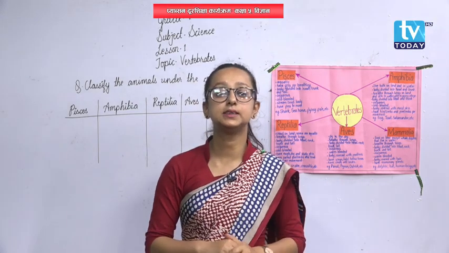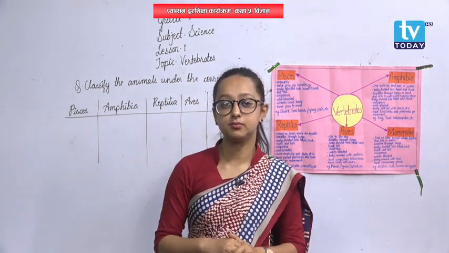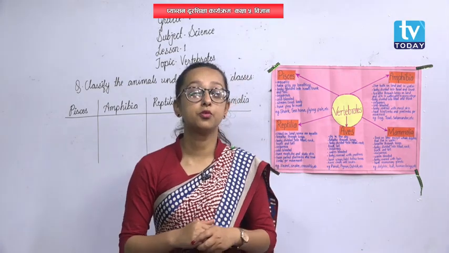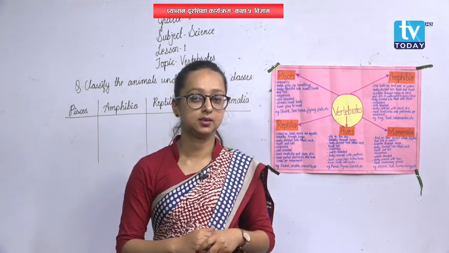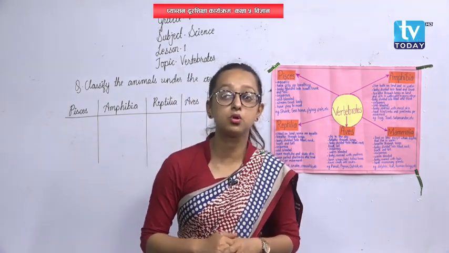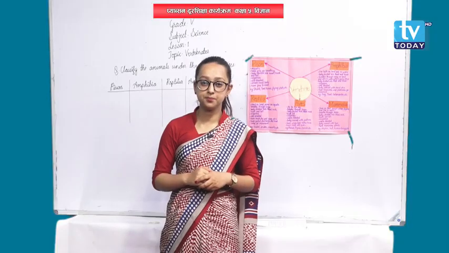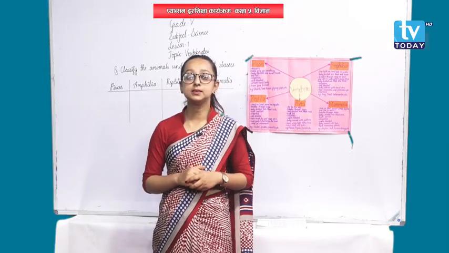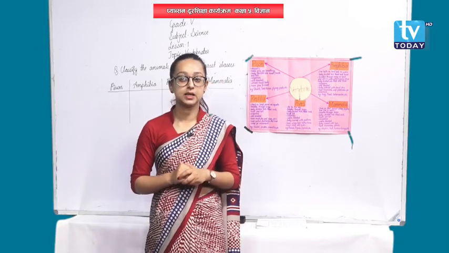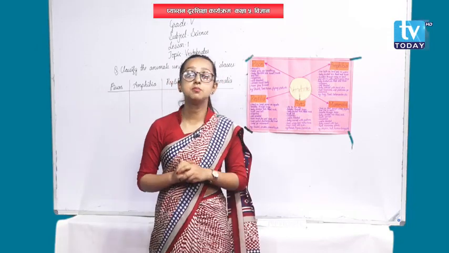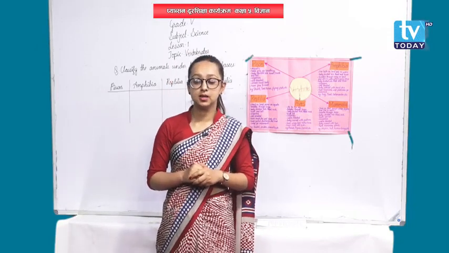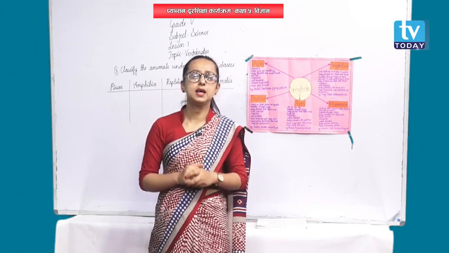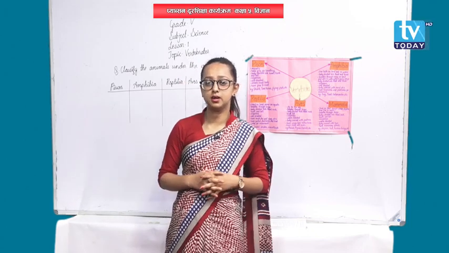And what sort of feathers they have then? They have waterproof feathers. Their feathers do not soak the water. Okay, so their feathers are waterproof. In a similar way, they have a streamlined body. Streamlined body also helps them to fly in the air.